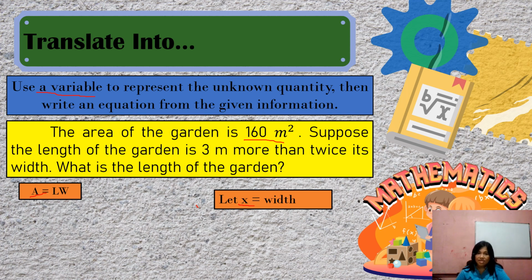Let's start with this statement here. Suppose the length of the garden is 3 meters more than twice its width. It's clear that width is the last dimension being mentioned. The last being mentioned, this is working backwards.